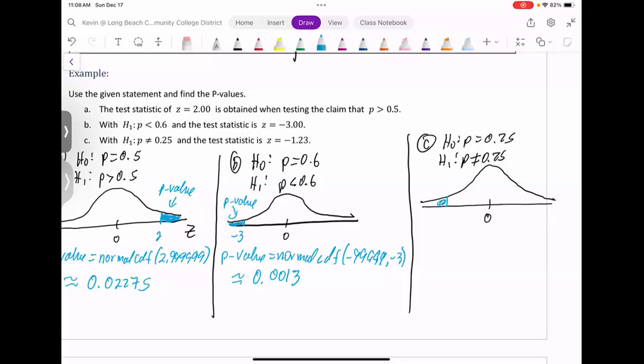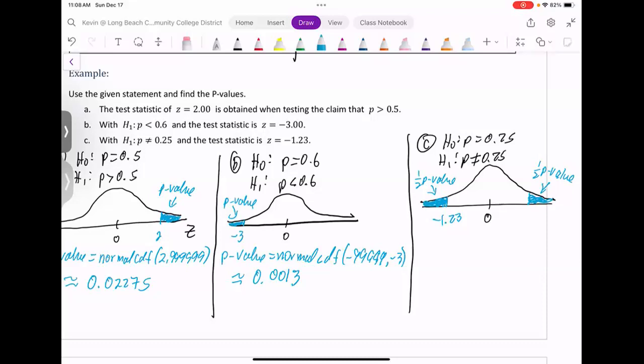So half of our p-value is going to be over here. The other half is going to be over here. And our test statistic is -1.23. Again, this is 1/2 the p-value. This is also 1/2 the p-value.